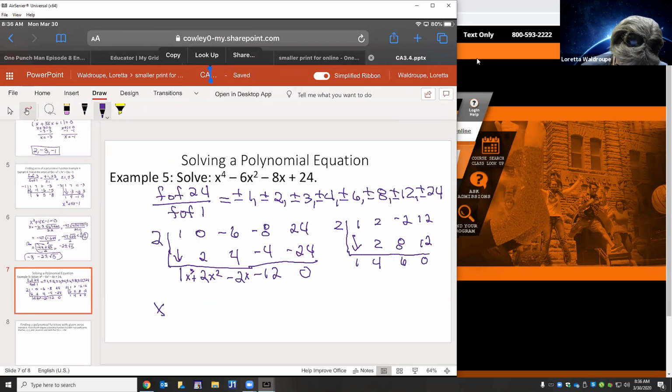Now I have x squared plus 4x plus 6. Are there factors of 6 that add to 4? No.